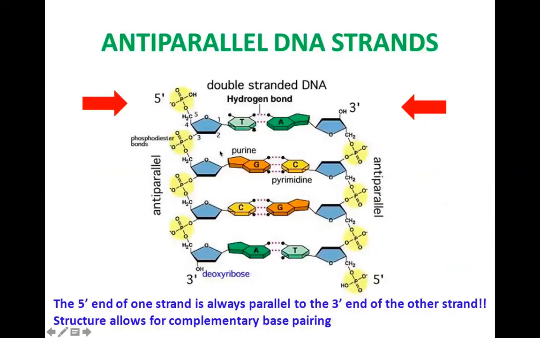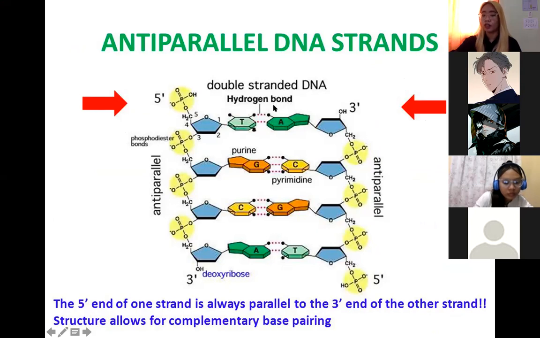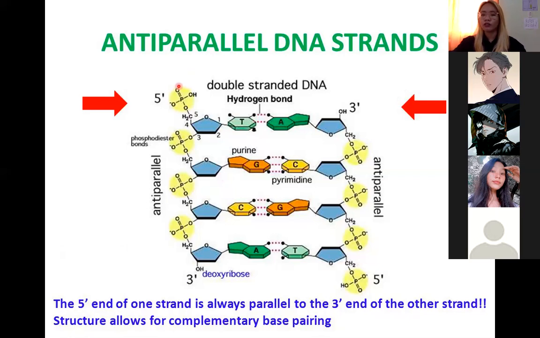Sa nitrogenous bases kasi, it depends kung saan naka-attach yung nitrogenous base doon sa sugar. Okay? So for example, ito yung DNA natin. So this is one backbone and this is another backbone. Kung saan naka-attach itong phosphate na to, yun yung kanyang direction. So for example, this is carbon 1, carbon 2, carbon 3, carbon 4, and then carbon 5.